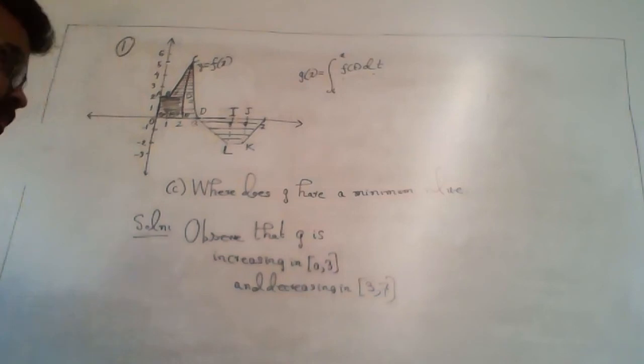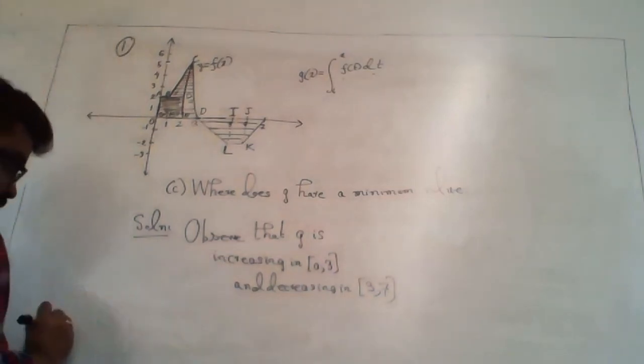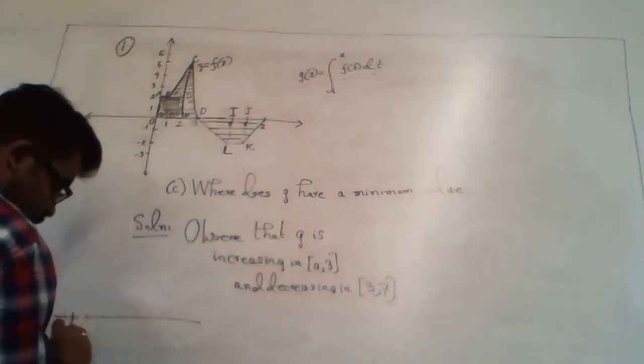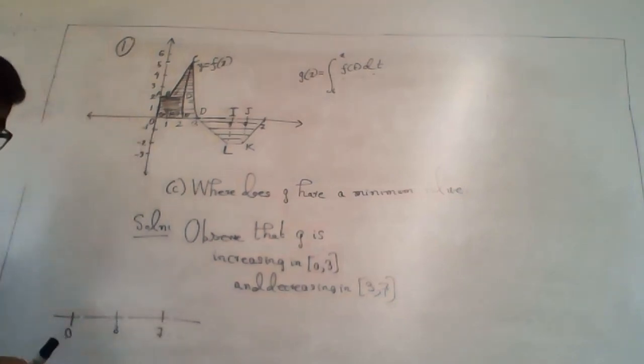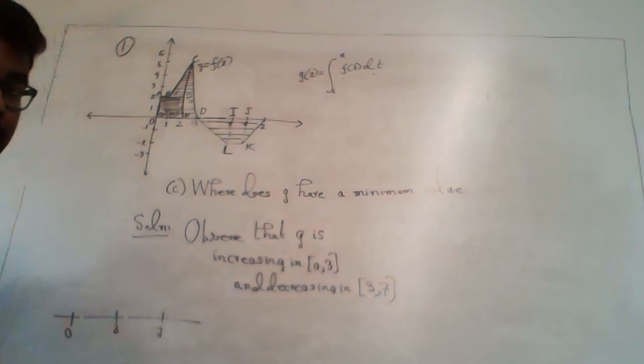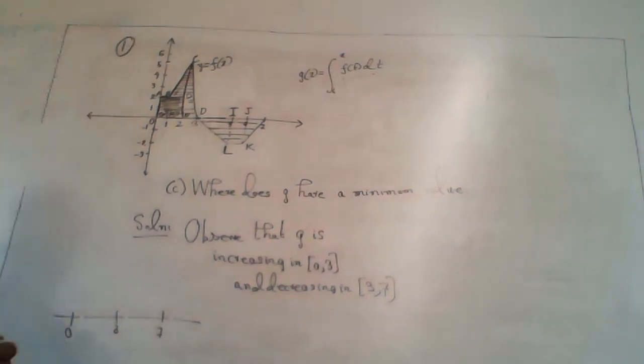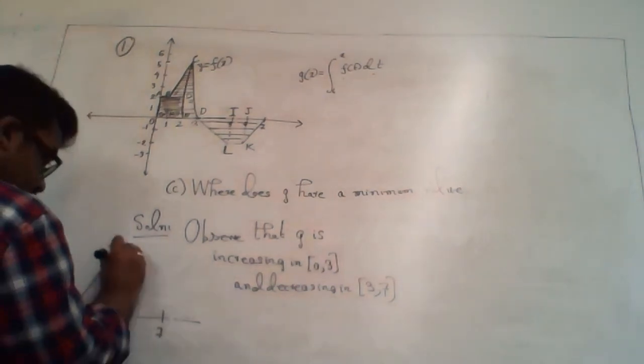So that means, if you draw on the number line 0, 3, 7, from 0 to 3 the function was increasing.